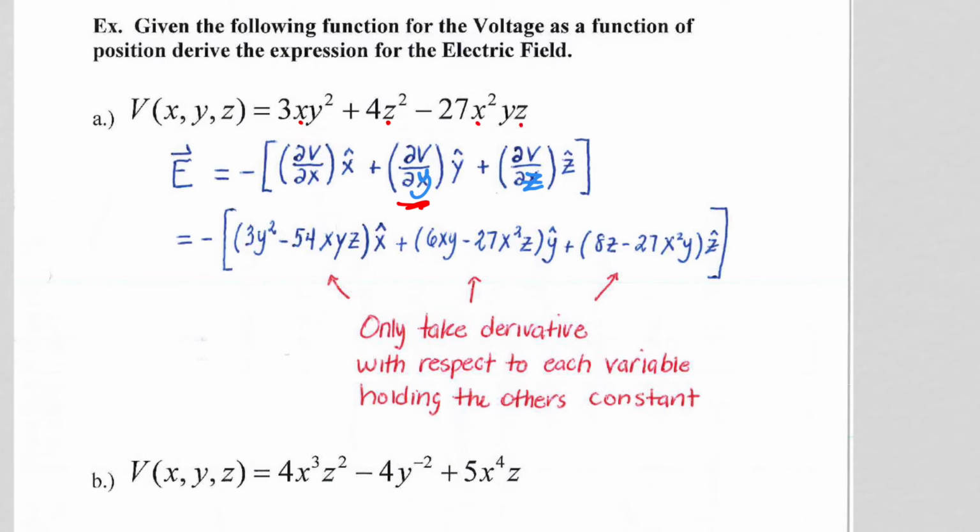So 2 times 3 is 6, derivative decreases, 6xy. There's no y here, so we lose that term, it's 0. And here we have the derivative of negative 27 x squared yz with respect to y. So that gives us the negative 27 x squared z, and we put that with the y hat.